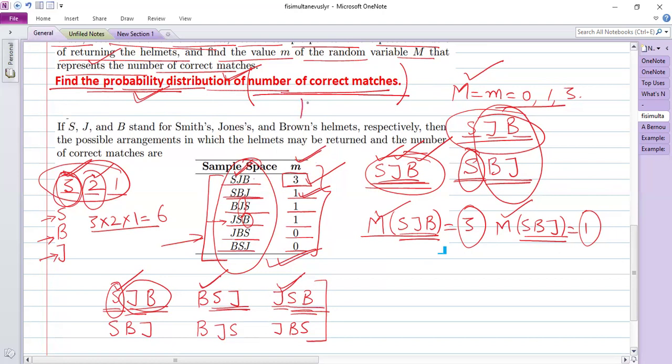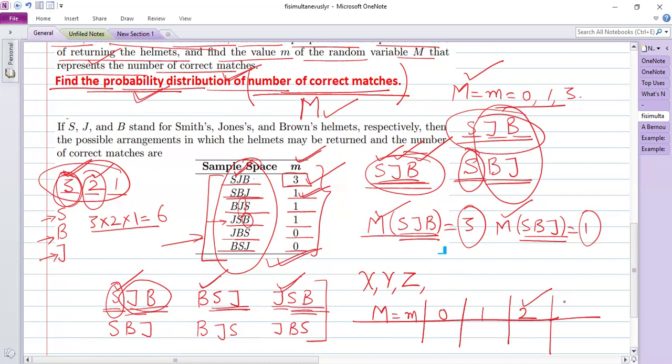Here this random variable we are denoting by M. To denote random variables we usually use capital letters, it may be capital X, Y, Z; here it is capital M. Now what values does M have? It has value 0, 1, 2 (it is not attaining the value 2, but we can still write it), and 3.